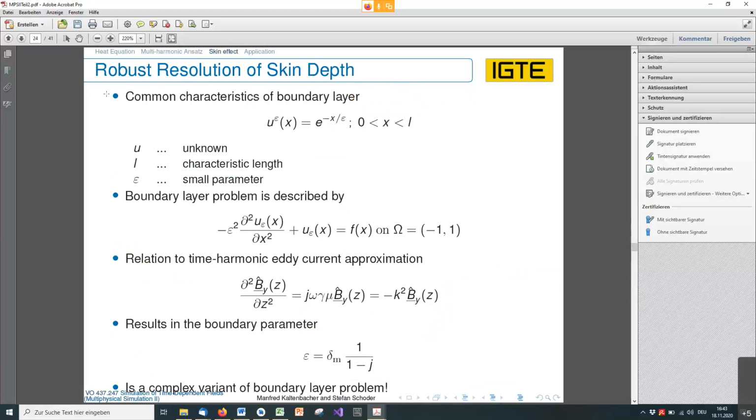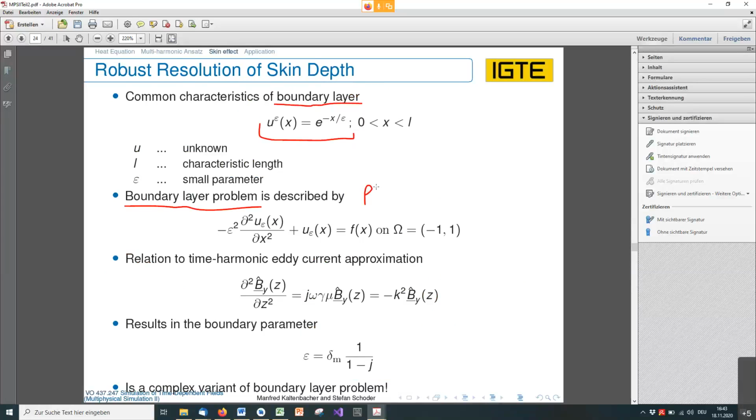So here is some basic background on a boundary layer problem, that this equation is the solution of a boundary value problem. Here we have a boundary value problem which is known from fluid dynamics.